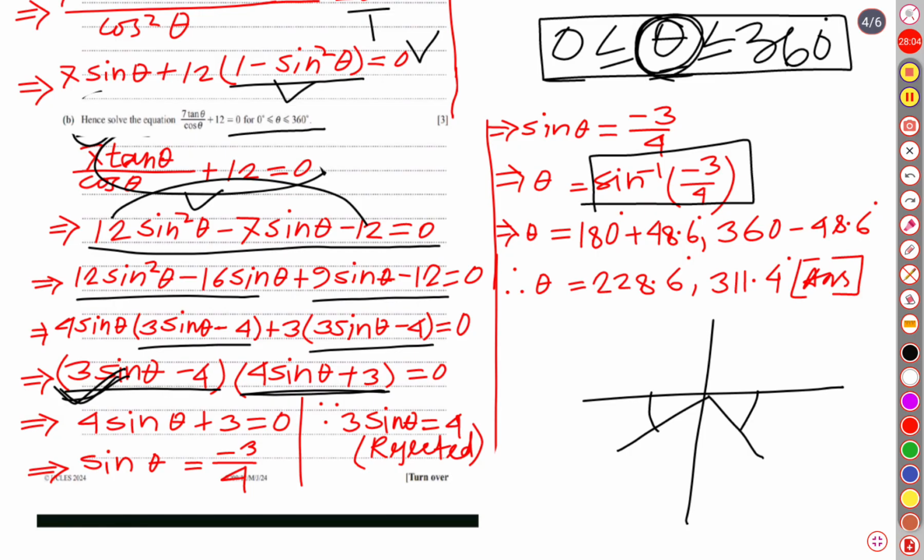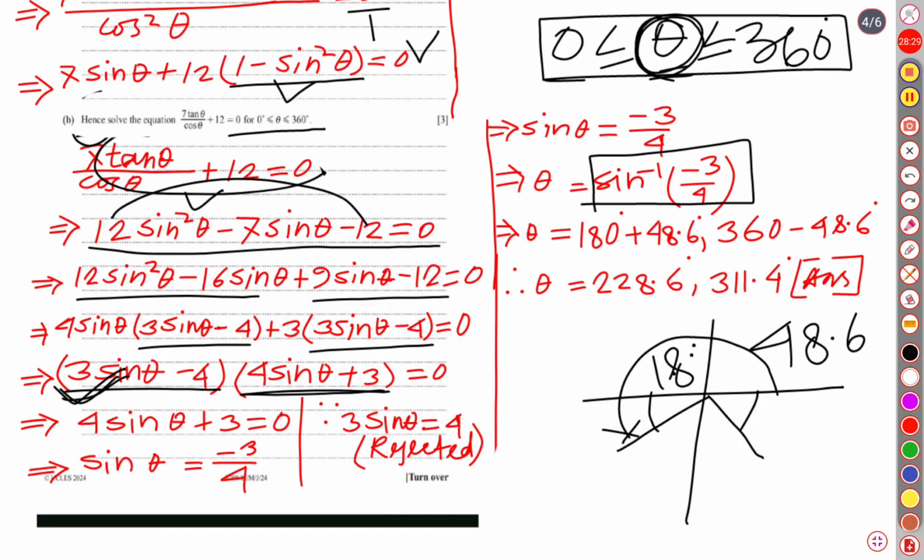And we have already decided that our basic angle, using our calculator, is 48.6 degrees. Now already we have decided that we can move only in the anti-clockwise direction. So in the anti-clockwise direction, what will happen to this angle? Look, up to this is 180 degrees in the second quadrant.